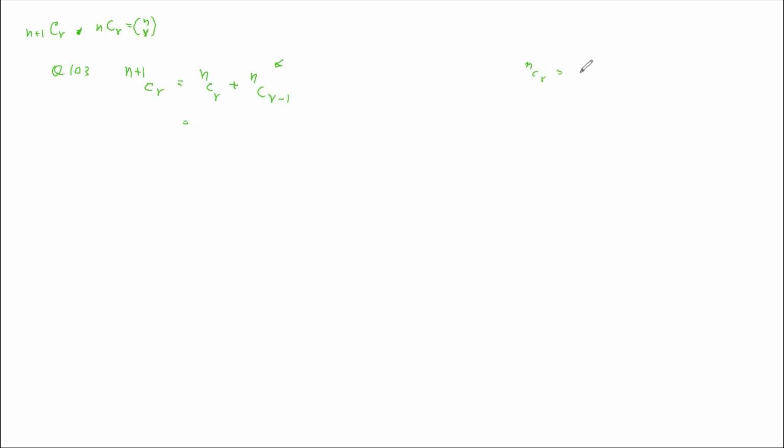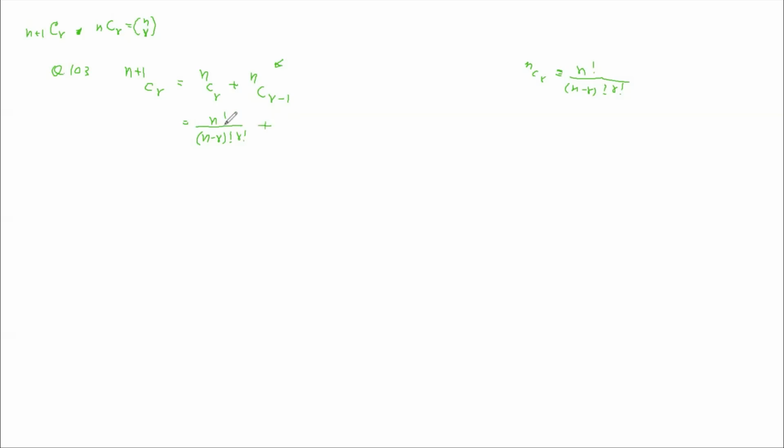The combination formula I write down: nCr equals n factorial over (n minus r) factorial times r factorial. This is the formula, okay? So then we work on here with this exact same formula, so it becomes n factorial over (n minus r) factorial times r factorial.